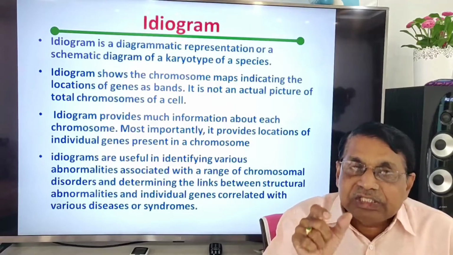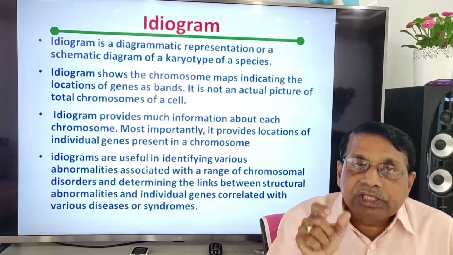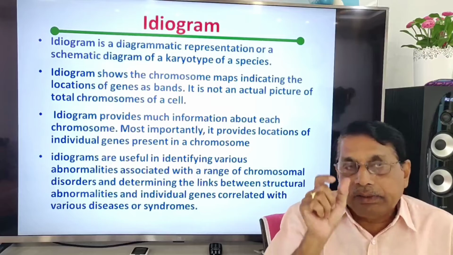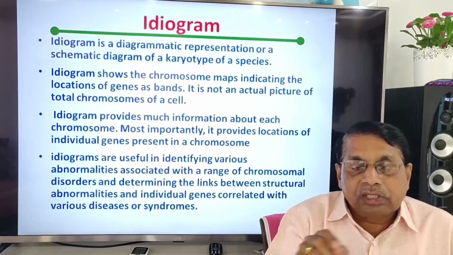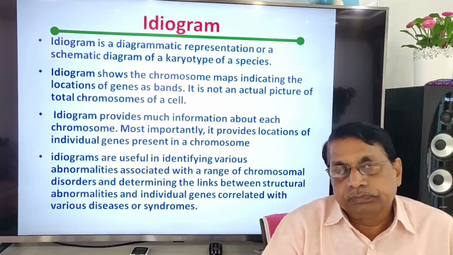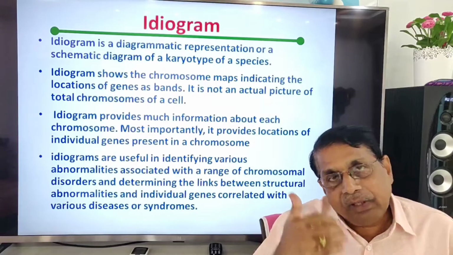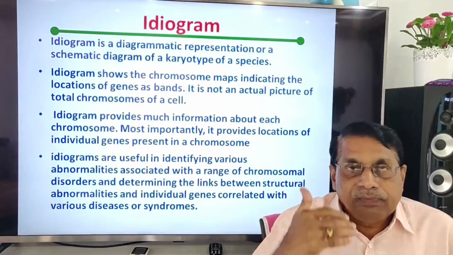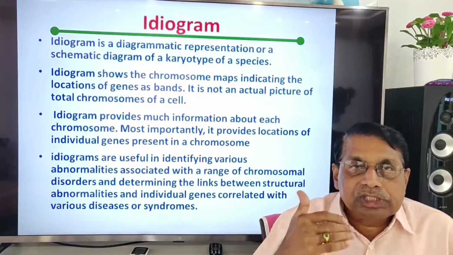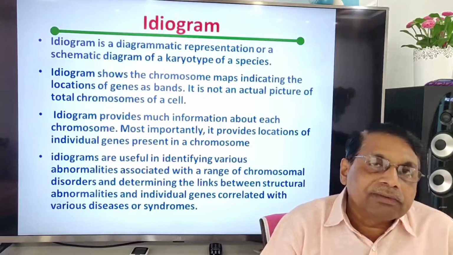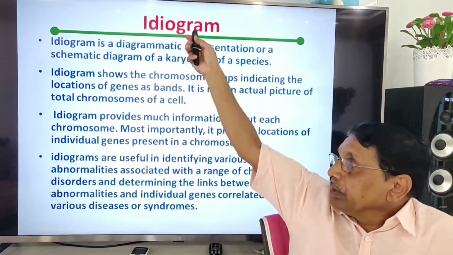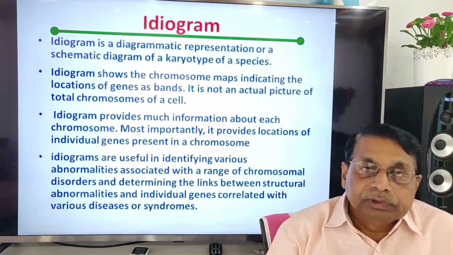If these genes are represented in the form of bands, suppose 12 genes are there, 12 bands. Like that, for every chromosome, if you represent the genes in the form of bands, that will be known as idiogram.